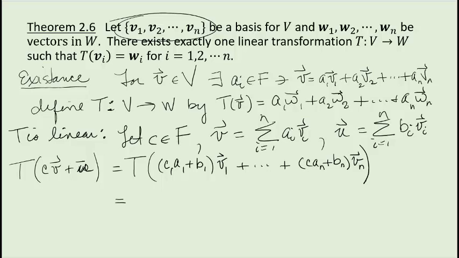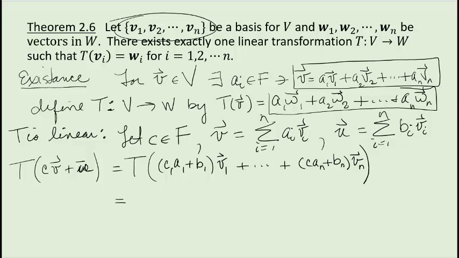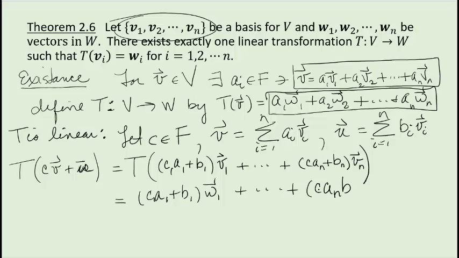What T does to any linear combination of the V sub i's, it just replaces the V sub i's with the vectors W sub I in W. So this will be equal to C1A1 plus B1 W1 plus, and replacing, the last one will be CA sub n plus B sub n times the vector W sub n.